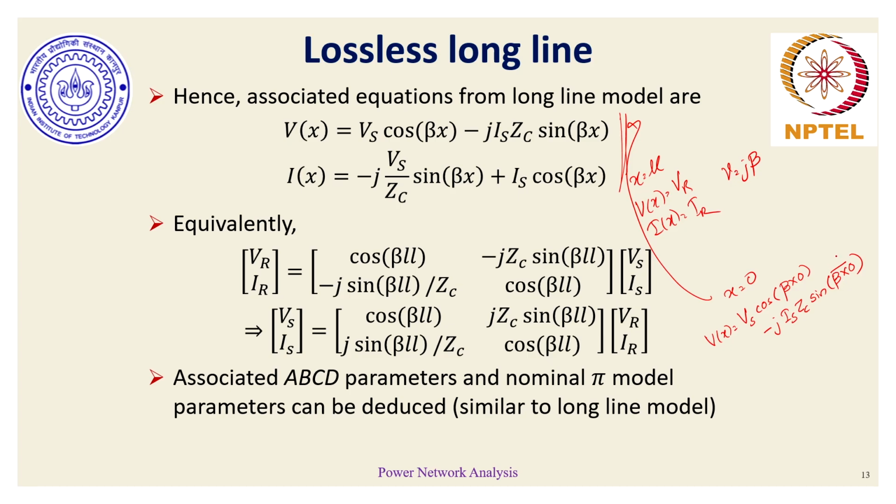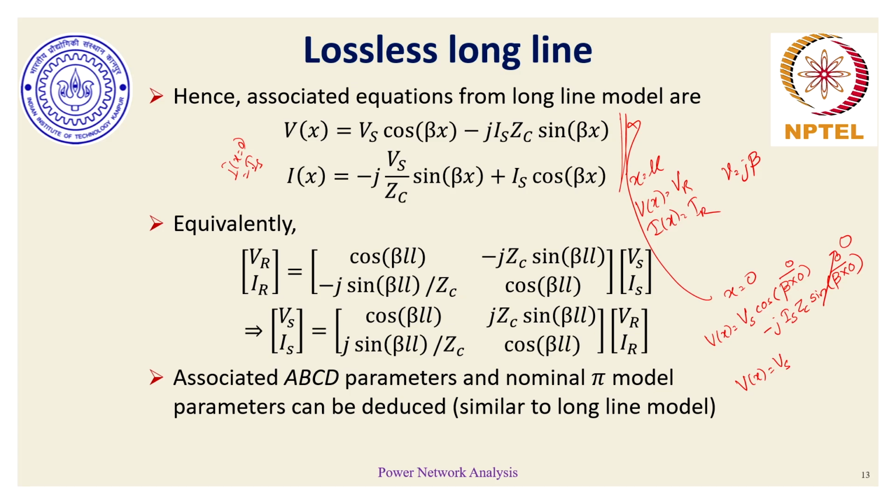Beta into 0 is nothing but 0. Sine of 0 is always 0, so essentially the second term goes away. And cosine of 0 is 1. So we have V of x equal to Vs. Similarly, if you put x equal to 0 in the current equation, your I of x at x equal to 0 would be simply Is.